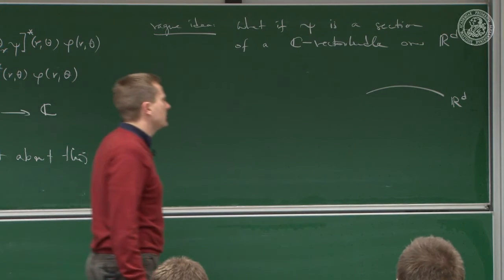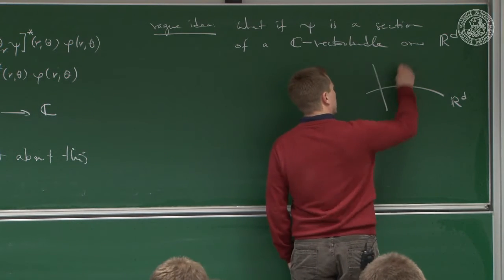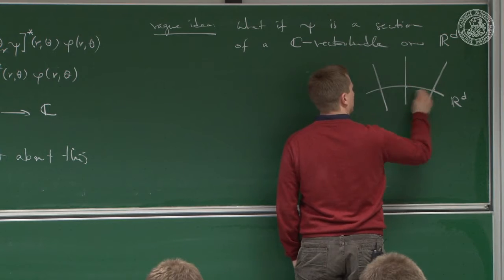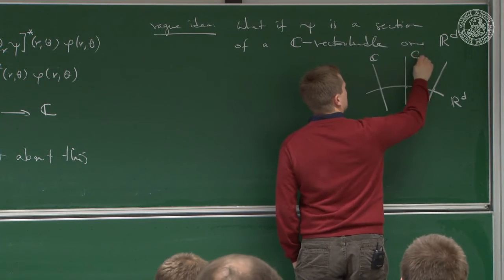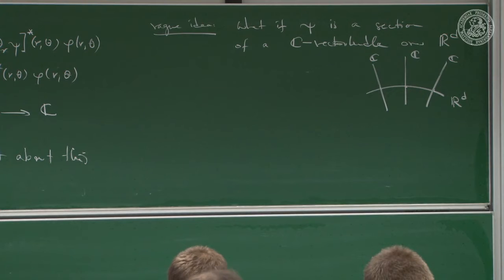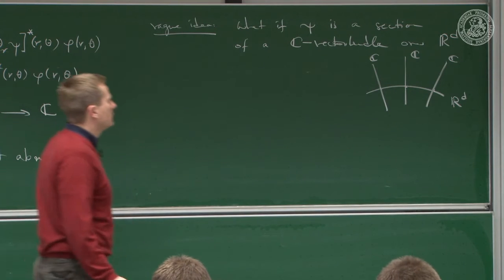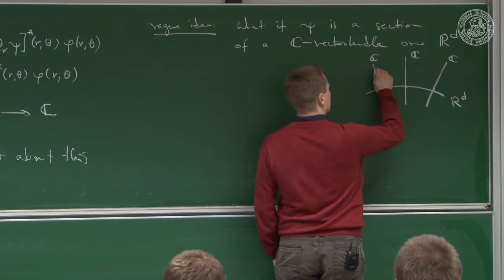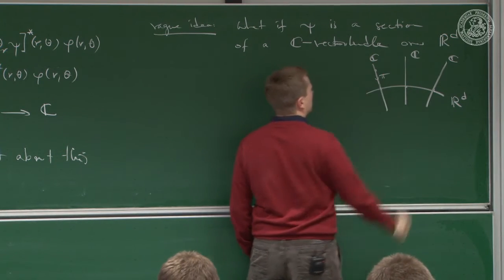then at every point I could attach a fiber, which is the vector space C. It's a vector bundle with suitable bundle projection and the whole shebang, right?